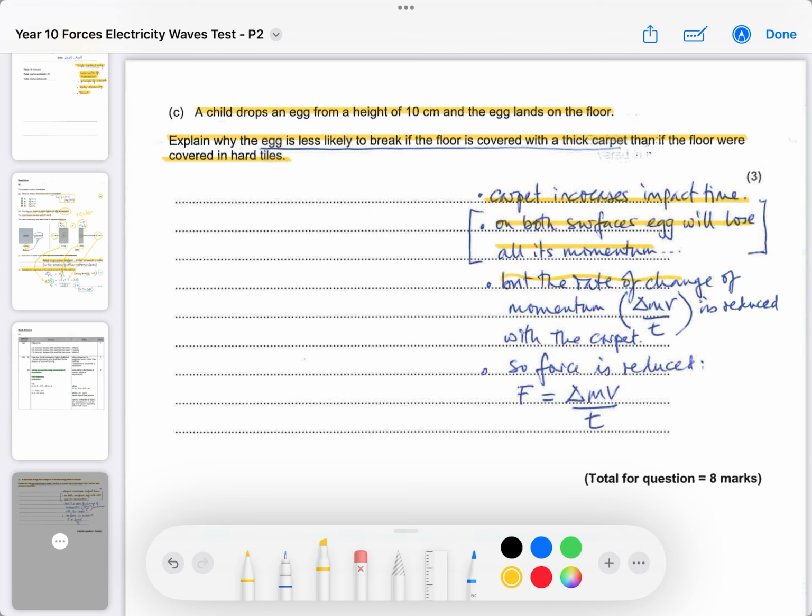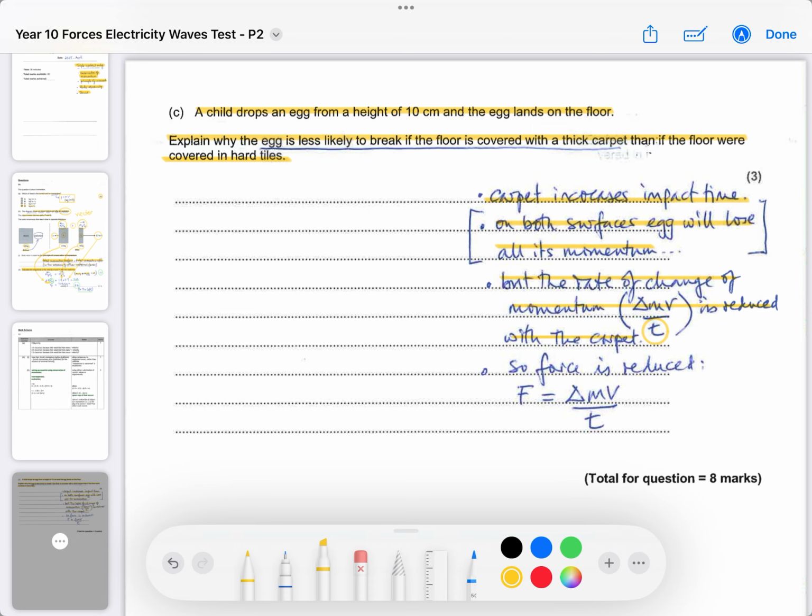But the rate of change of momentum is reduced with the carpet. Because it's softer, it actually takes a bit more time, which is the bottom of this equation, for it to slow down. And we call that the rate of change of momentum is reduced.